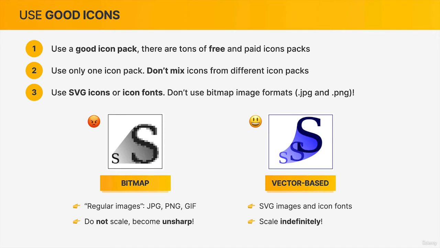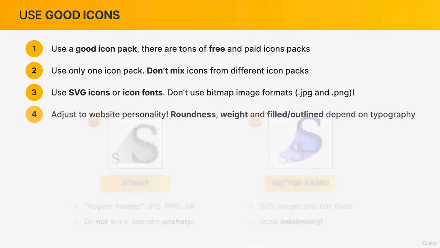Okay, but now you need to know how to actually choose between different icon packs. How do you do that? Well, what matters most is that these icons need to adjust to your website personality once again. The easiest way of doing that is to use an icon pack which has a similar roundness and weight to your typography, which is important because icons are many times placed along with text.